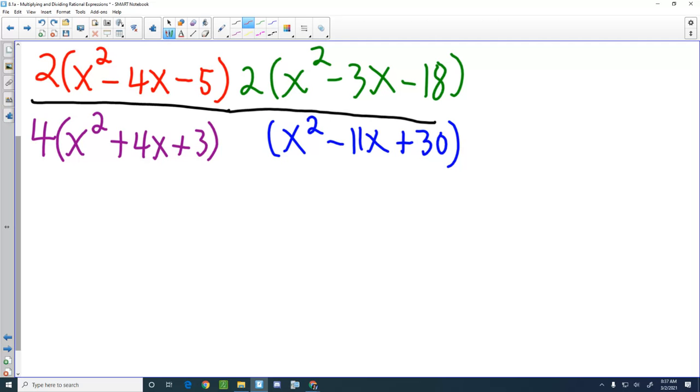Anything that we already took out front, any GCFs like that 2, is still going to stay there. But now I need 2 numbers that multiply to -5 and add to -4. That's a -5 and a +1.